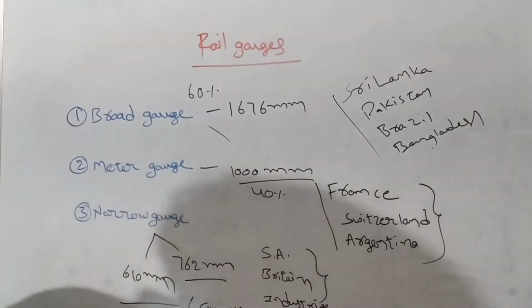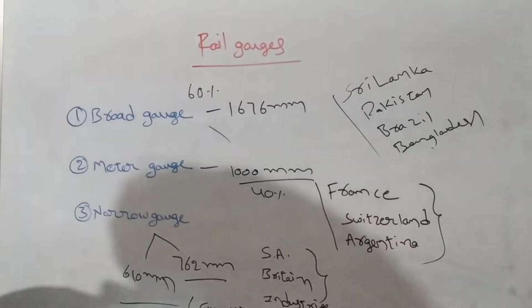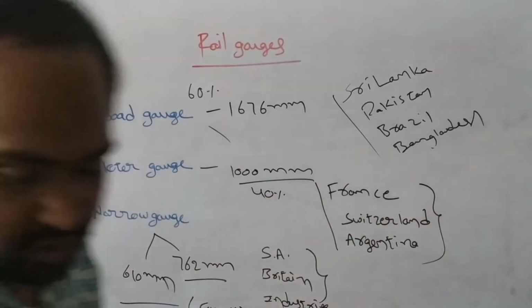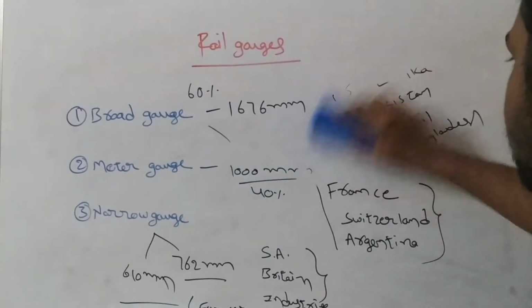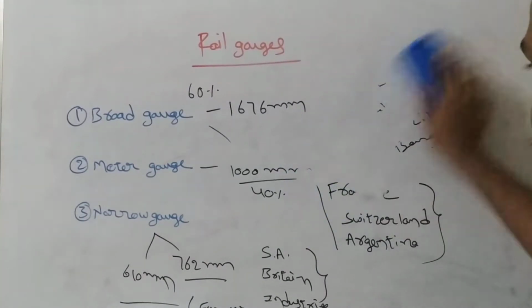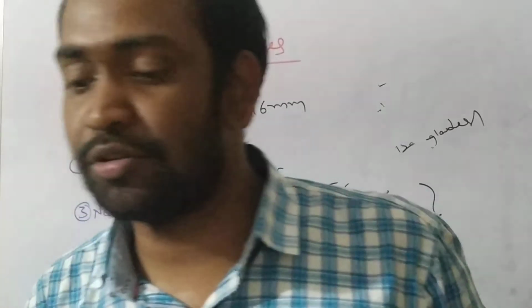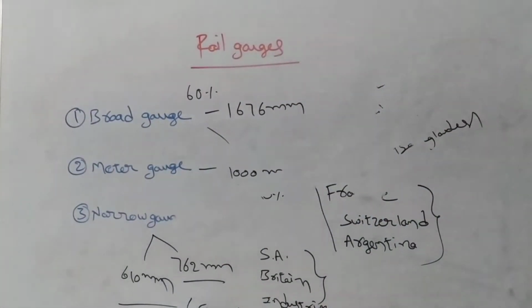Understand? And one more concept we need to see is breaking of gauge, which we have already seen. Next I am going to discuss uniformity in gauges. Breaking of gauge is nothing but the point where two gauges meet each other.